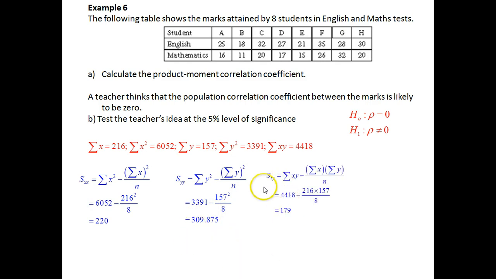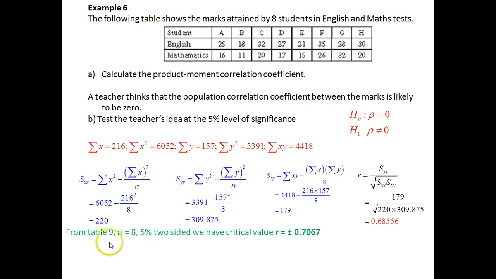Then Sxy is the sum of the products minus the product of the sums over n, and that gives us 179. So we work out our correlation coefficient: 179 over the square root of 220 times 309.875, and we get 0.68556.